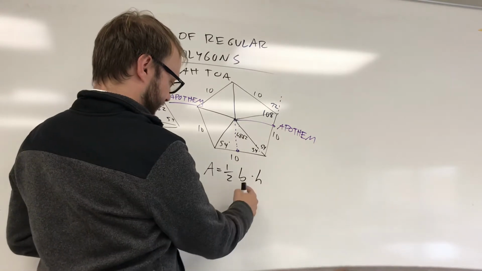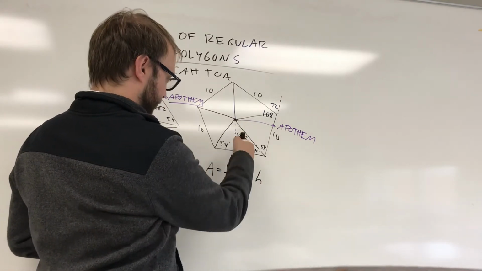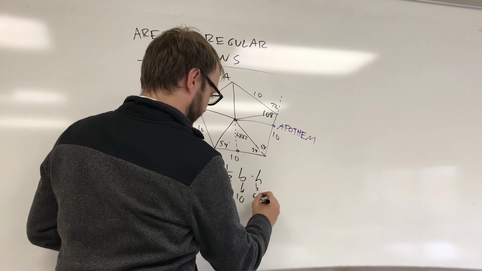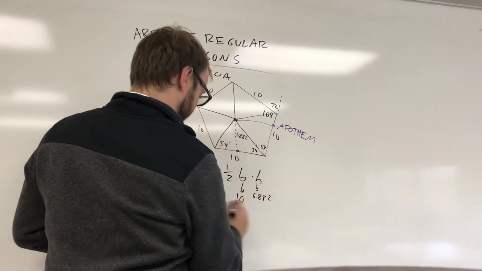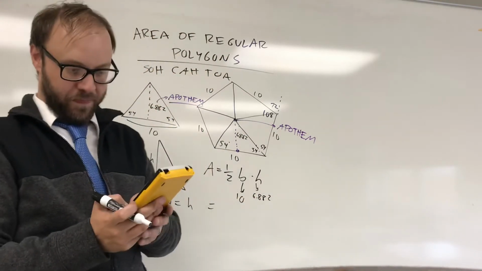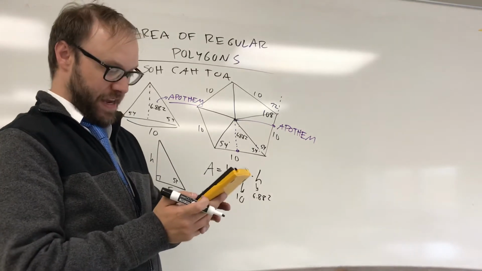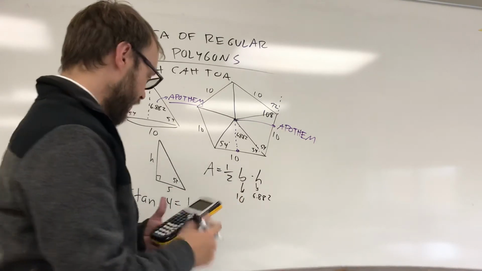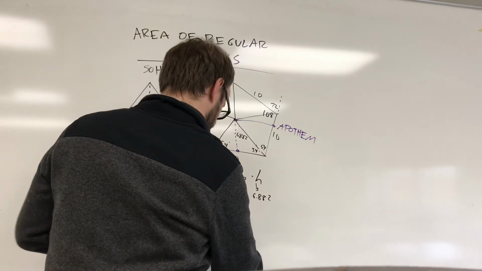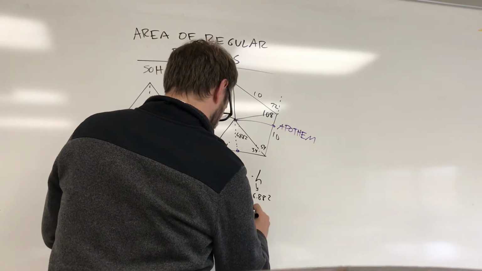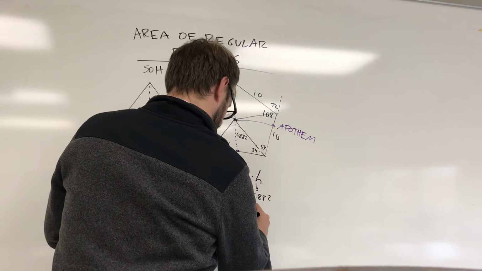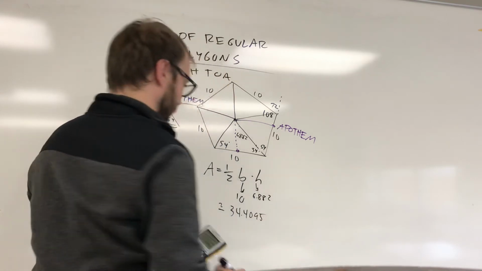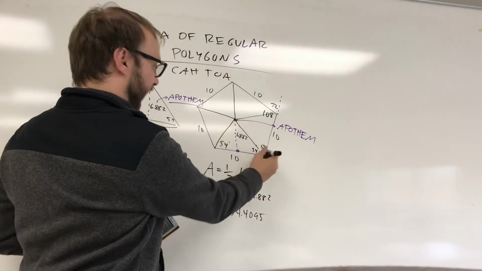So the area of one of these triangles: the height of that triangle is 6.882. It's half the base, base is 10, times the height, which is about 6.882. The area of one triangle is approximately 34.4095. And that's one of the 5 triangles.